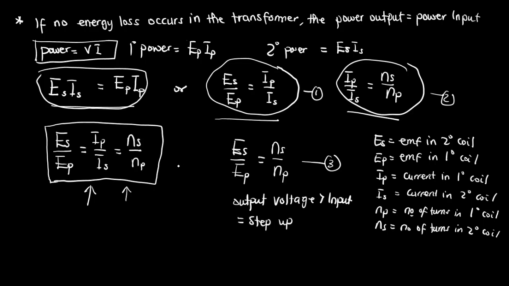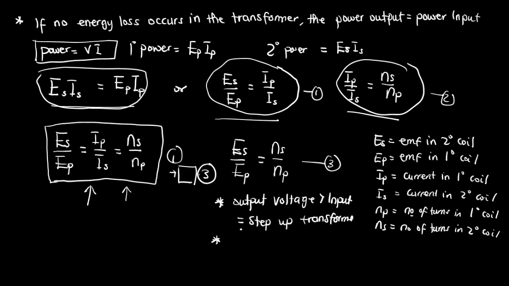It's like you have a device, you give it one apple and then it produces, let's say, three apples. Are you okay? It has increased the number of apples that you have. So if the output, which in this case is the voltage output, is more than the input, then we say it is a step up transformer. This is one.